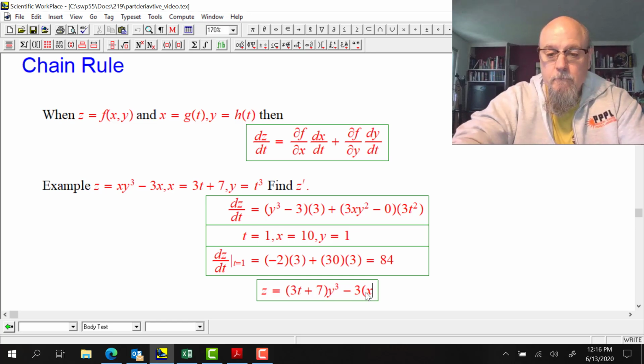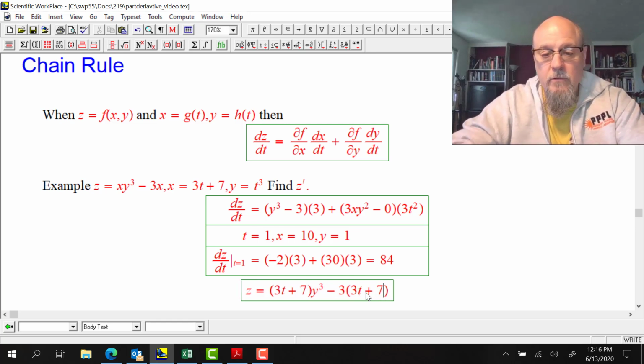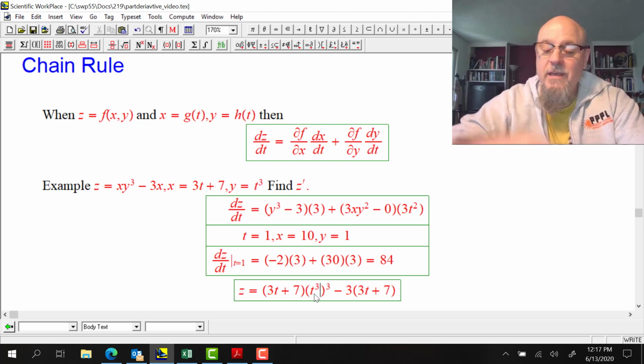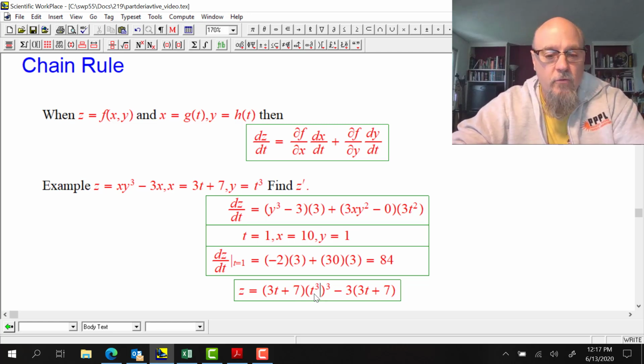So everywhere there's an x, just put the 3t minus 7. Everywhere there's a y, just put the t cubed. Essentially, I'll just get rid of the intermediate variables. Now z is directly a function of time, and I know how to take the derivative of this.